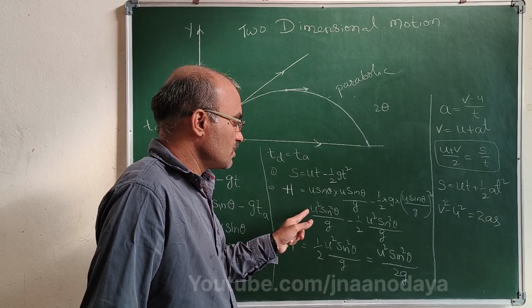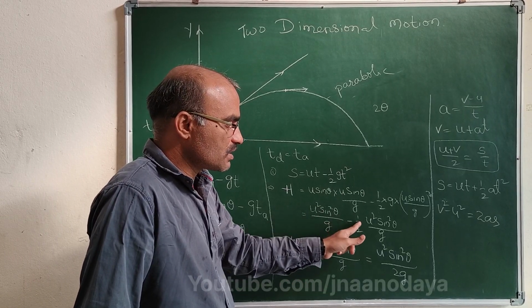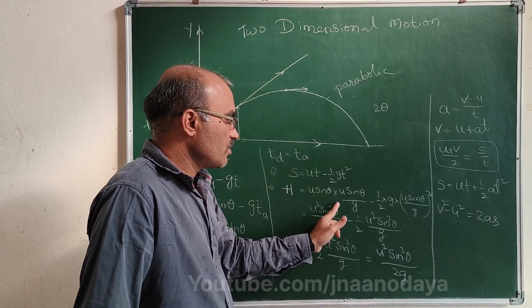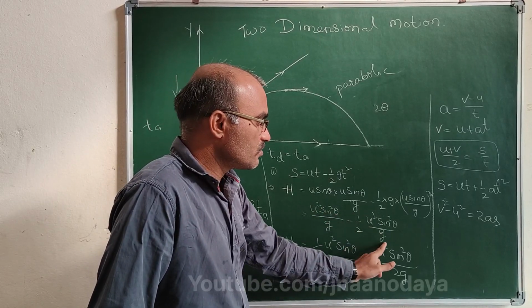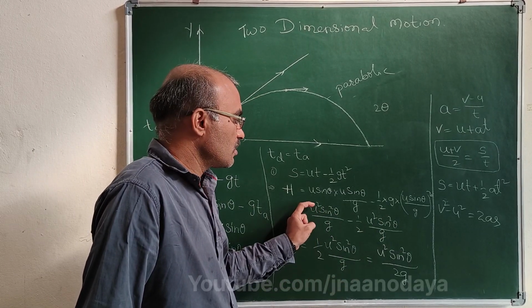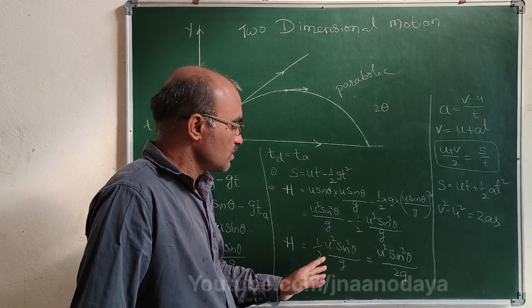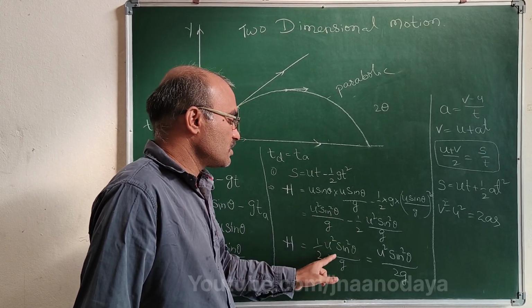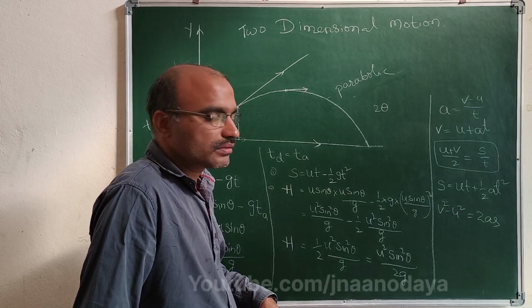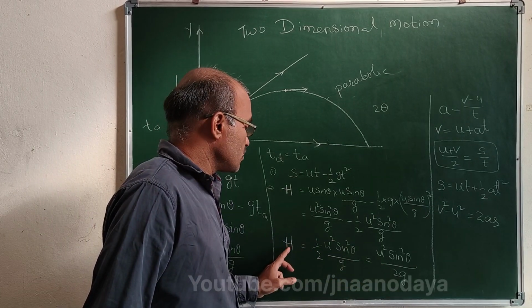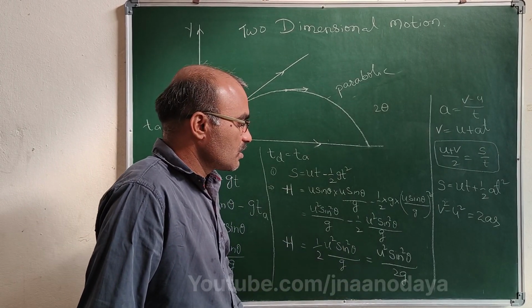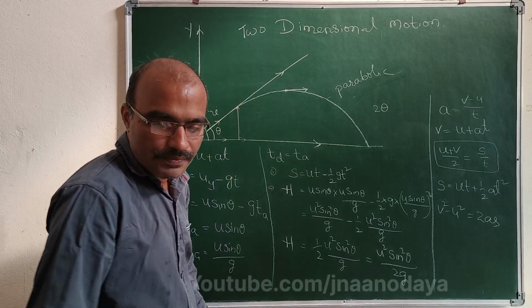So now there is 1 here, there is half here, the remaining thing is same, u square sin square theta by g. This is x minus half x, right? You will remain with half x, that is half u square sin square theta by g. Is it clear? So the maximum height reached by the object is u square sin square theta by 2g, right?